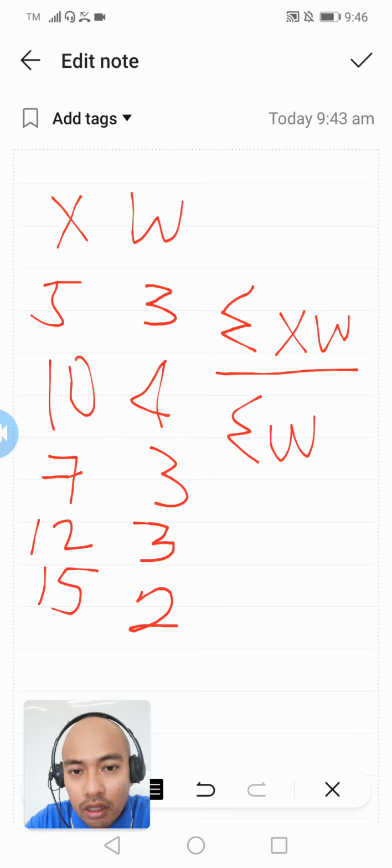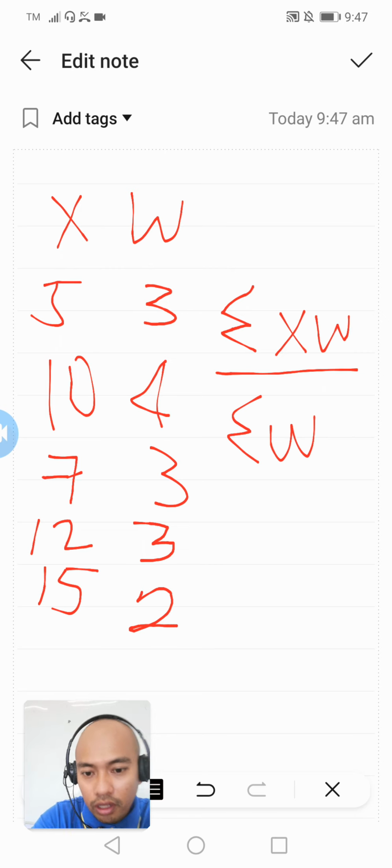We need to get the product of the raw score, or the X variable, and the W, or the units. So we need to get the product. We multiply 5 by 3. We multiply 4 by 10, or 10 by 4. We multiply 7 by 3. We multiply 12 by 3. We multiply 15 by 2. All right?